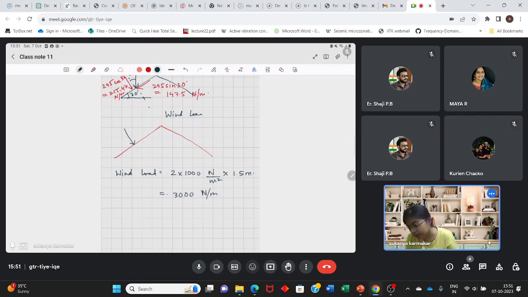So this is calculated. What is the total load on the purlin normal to the roof?